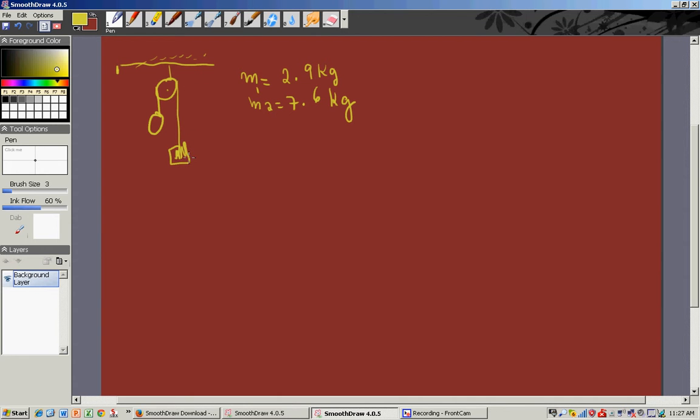So again, let's assume that one of them is the most massive one, this guy over here. So this has a mass of 7.6 kilograms.